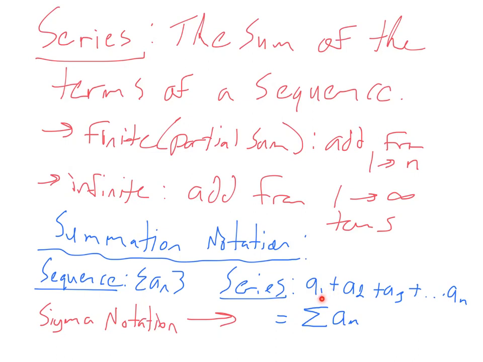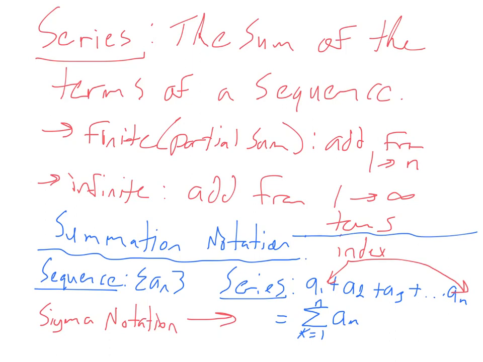What's the starting value? What's the ending value? We call these the indexes or indices. So we have to refer to the index. We say we're going to add this up from k. K is sort of a moving value, like a placeholder. From k equals 1 all the way to n.